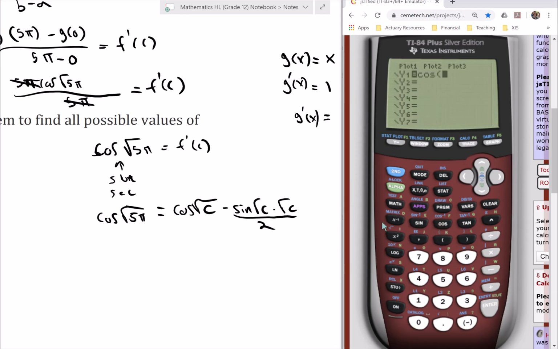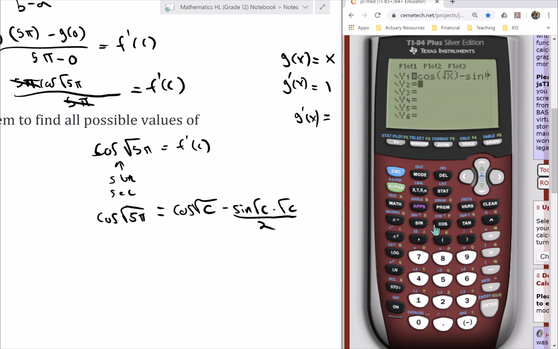So graph cosine of square root of x minus sine square root of x times the square root of x in parentheses here, and then this whole thing is divided by 2, which is the same thing as multiplying by half, so I'm just going to do it that way, even though it doesn't look quite the same.